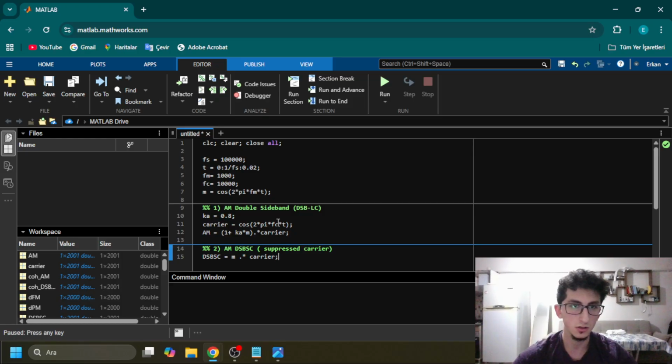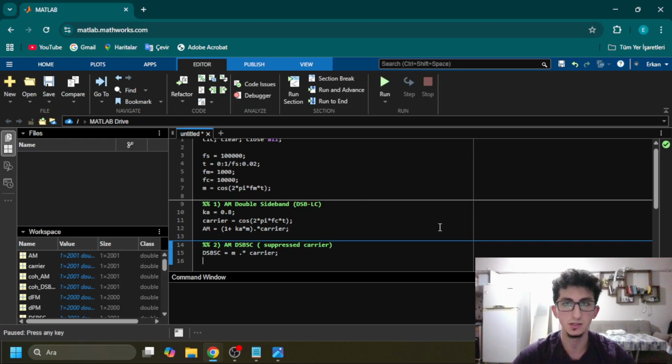So we are gonna continue to the next step, and next step is gonna be third one, and it's also AM signal single sideband SSB using Hilbert transform, and the Hilbert transform of the message signal is computed to generate a quadrature rotated version of the message.